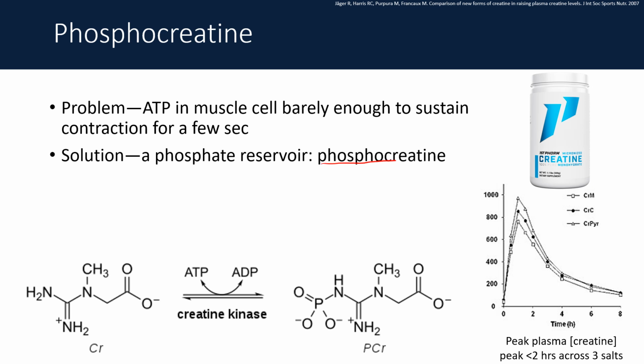Phosphocreatine is a common exercise supplement because the body uses this as a phosphate reserve or phosphate reservoir. Creatine can help out with ATP production by essentially transferring its own phosphate sacrificially to freshly generated ADP molecules via an enzyme called creatine kinase.